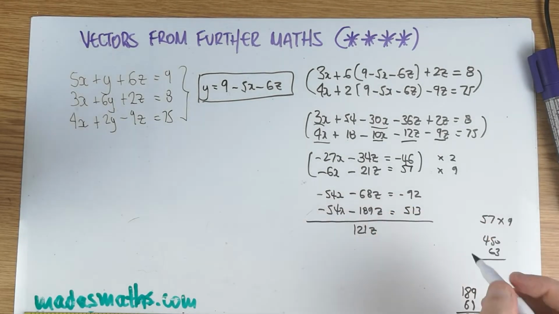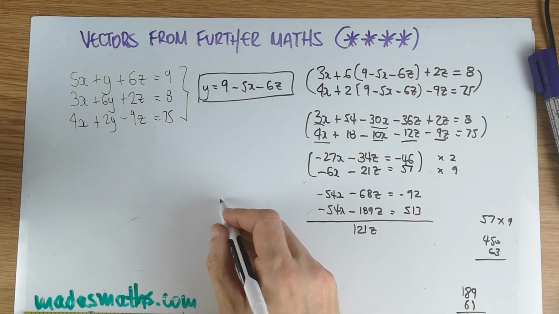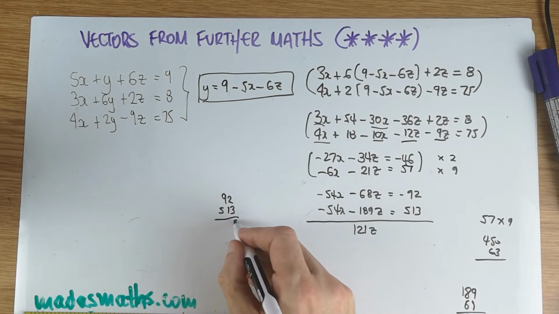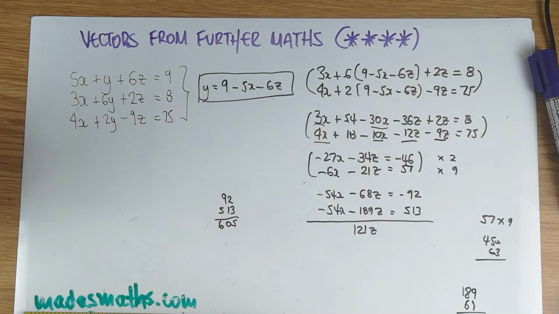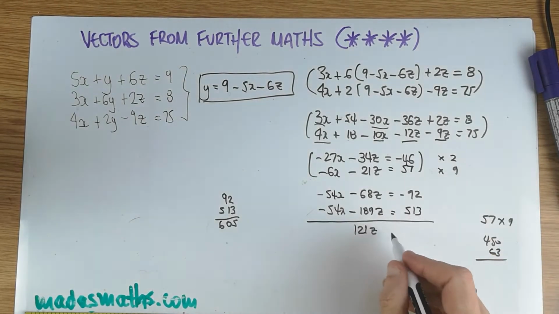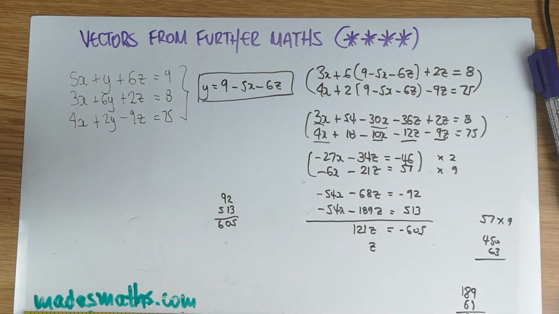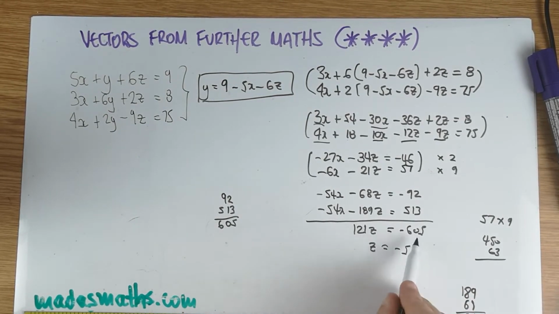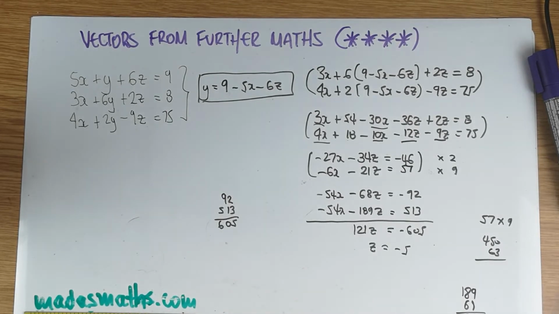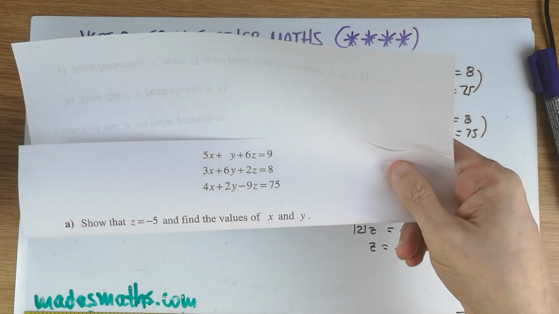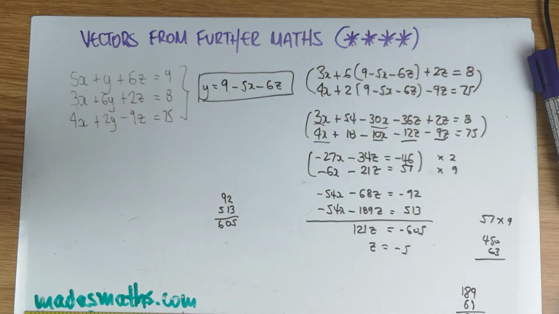That minus that, I'm going to get 92 and 513, so I'm going to get 605. That minus that is a negative, minus 605, and z is indeed minus 5. 5 lots of 120 is 600, and 5 lots of 1 is 5. That shows that z is equal to minus 5, and now we can find the values of x and y.